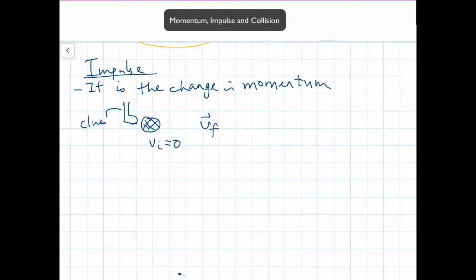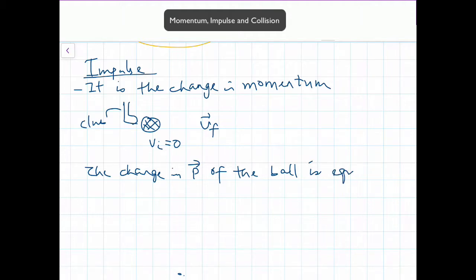As a result, there is a change in momentum of the ball. So in this particular case, the change in momentum of the ball is equal to the impulse delivered by the player or by the club.